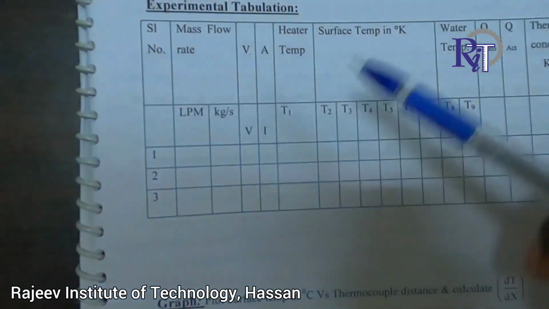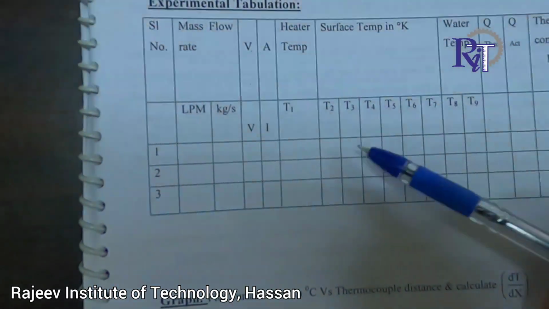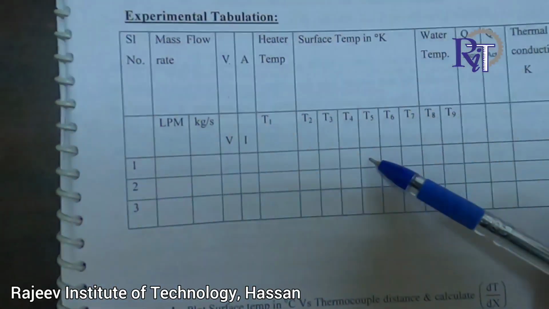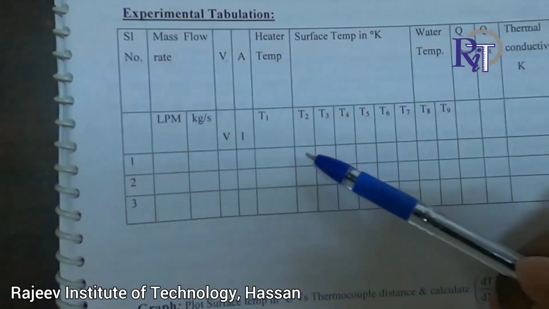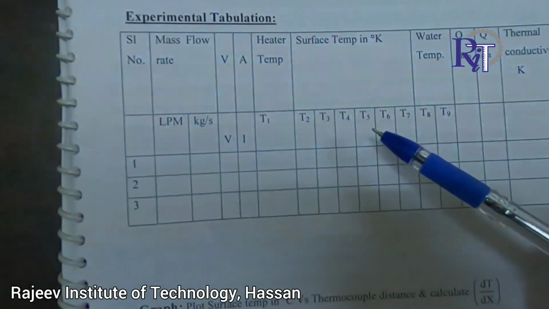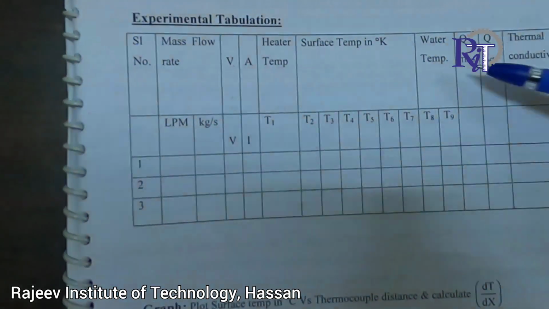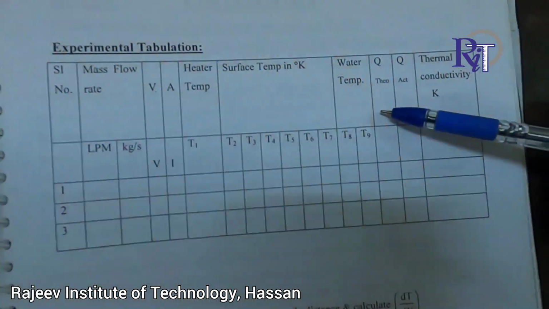Note down here at T1, and next the surface temperatures over the copper rod we have are T2, T3, T4, T5, T6 and T7. These have been placed at a distance of 0.60 mm. Here the water temperature you are going to find out.